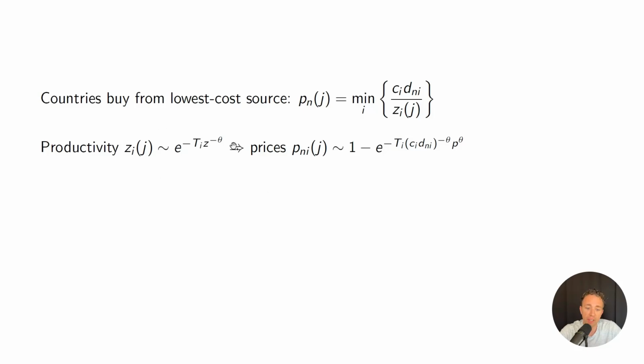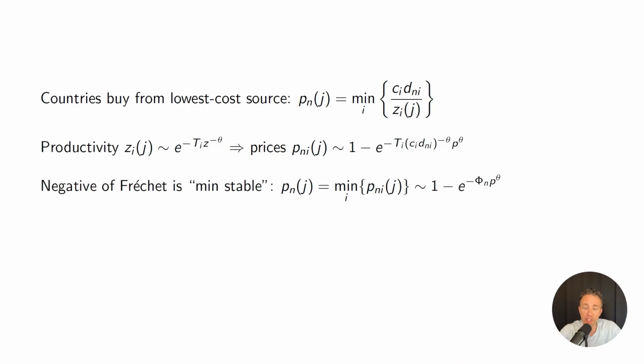So if I have a Fréchet productivity distribution, that's going to imply a particular distribution of prices that looks also Fréchet in nature. And because I want to buy the lowest price, I'm doing 1 minus the Fréchet CDF.